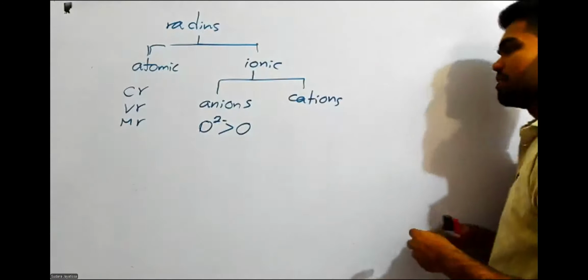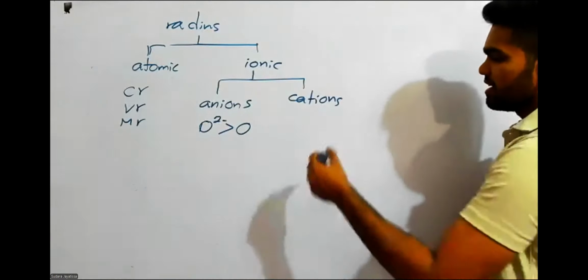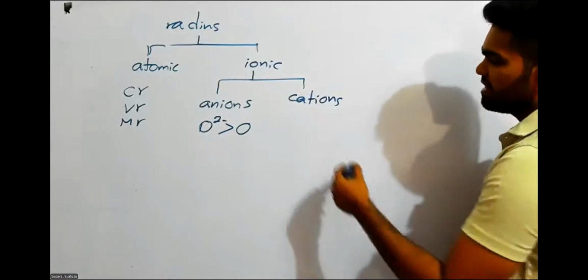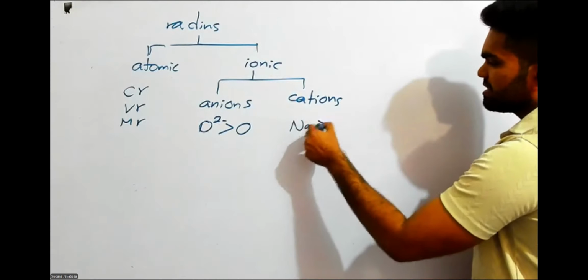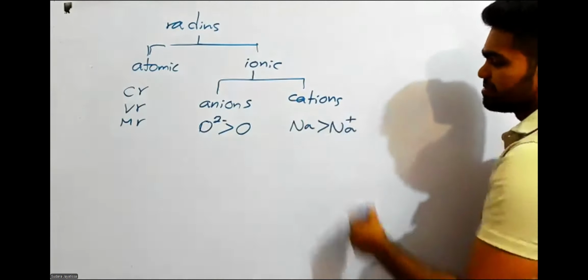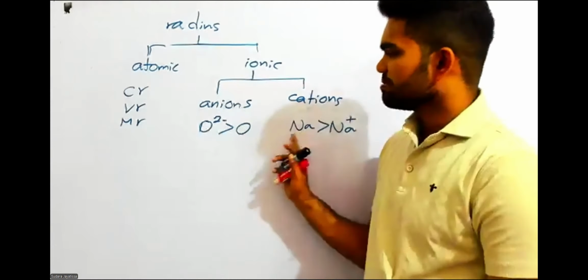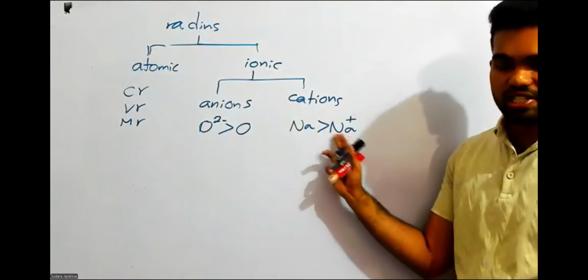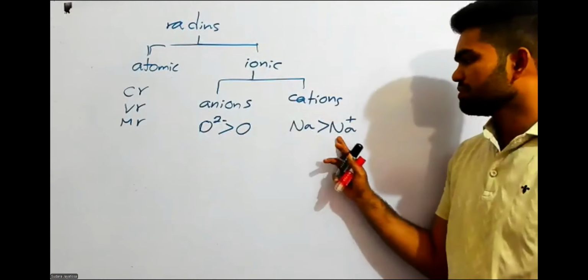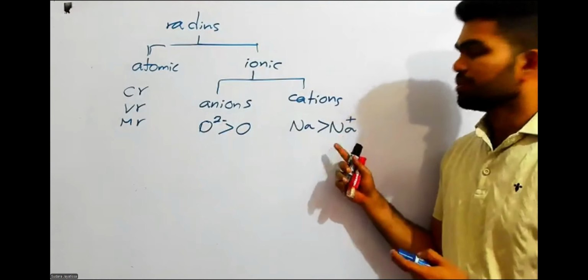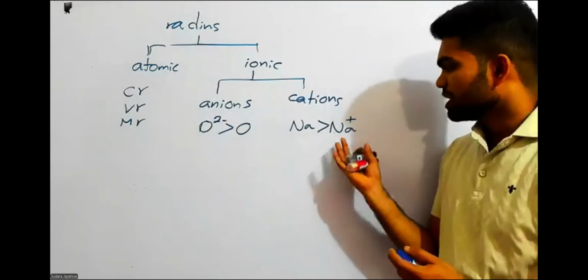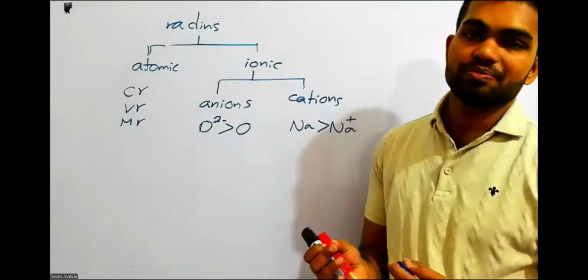The opposite happens for cations. Cationic radius is smaller than the neutral atom. For example, sodium plus is smaller than sodium, because now you have fewer electrons than the neutral atom, and those fewer electrons are well attracted to the nucleus. Therefore, the size of sodium plus is smaller than sodium.